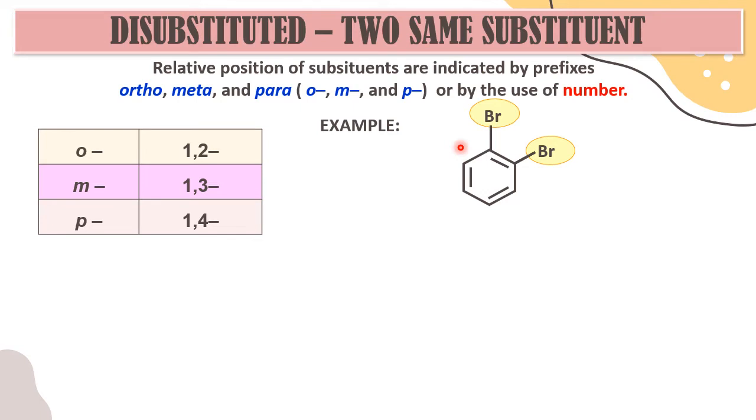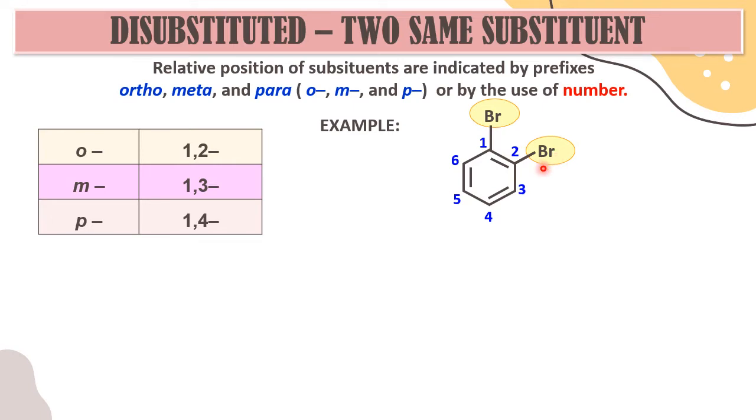You number by giving the substituents the lowest possible numbers. So let's put this bromine as number 1, followed by this one as number 2. We don't go the other way around, because if we go anti-clockwise, this bromine will become number 6. That's why we go clockwise, so that this bromine will become number 2.